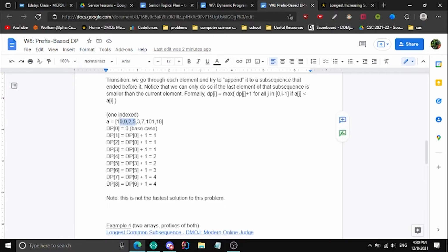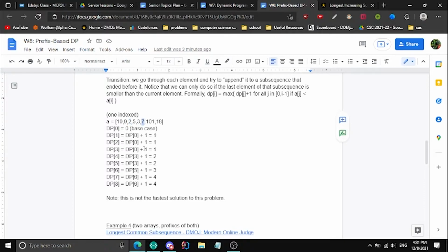We look back at all the numbers that are smaller than 3, and we'll find that 2 is the only one. By a similar process as 5, dp at 5 is also going to be dp at 3 plus 1, because it extends the subsequence ending at 2. The subsequence ending at 2 is just 2, since there's nothing before 2 that continues from it or continues to it.